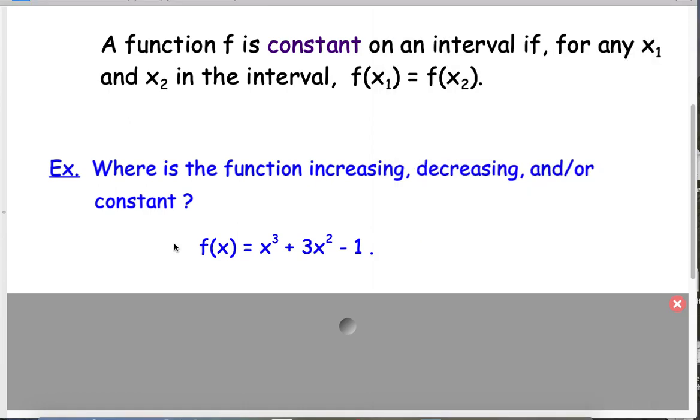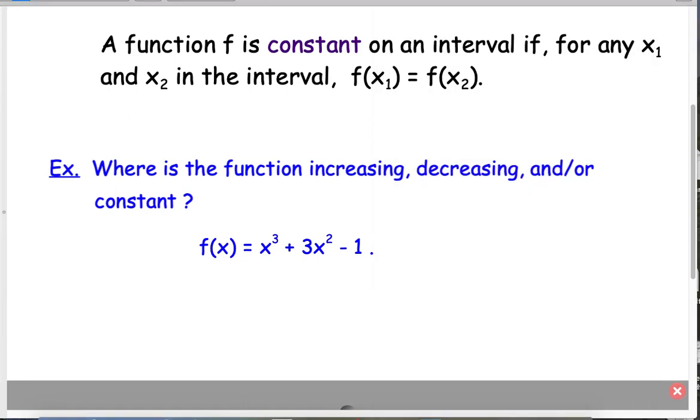Okay, so now we're ready to write where this is increasing or decreasing. So the function is increasing from negative infinity to negative 2, and I'm not going to include the endpoint, and then union with 0 to infinity.